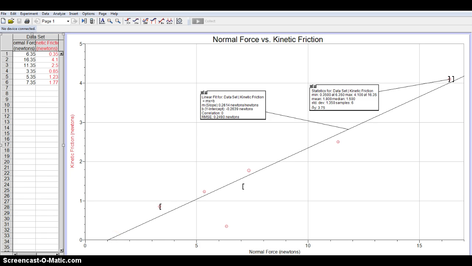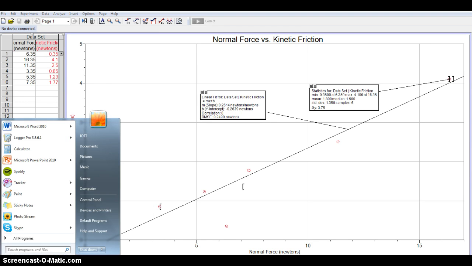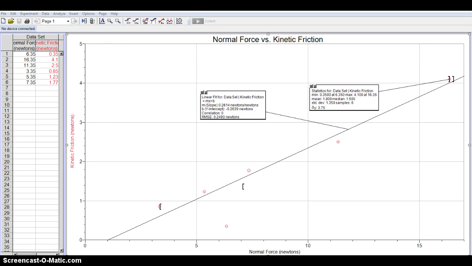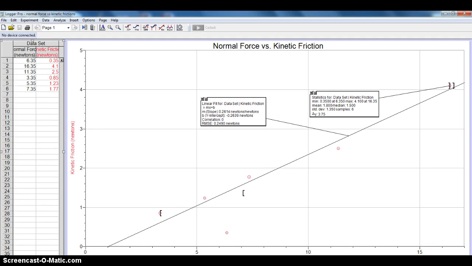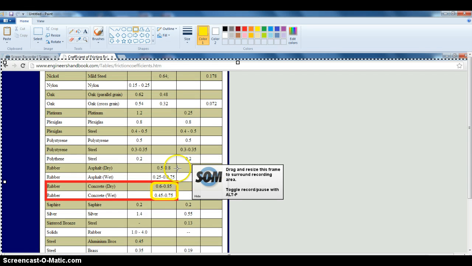Also, I was told to find the coefficient of friction pertaining to rubber on concrete. I found these two values: rubber on dry concrete is about 0.6 to 0.85 newtons, but Mr. Day mentioned that we usually take the highest number.